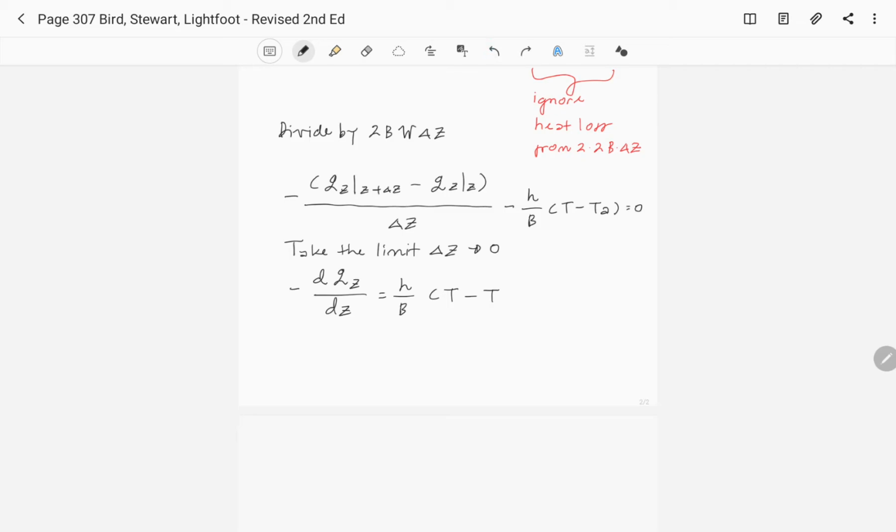Okay, my writing for A is a bit poor. And then further what we can do is we substitute Fourier's law.